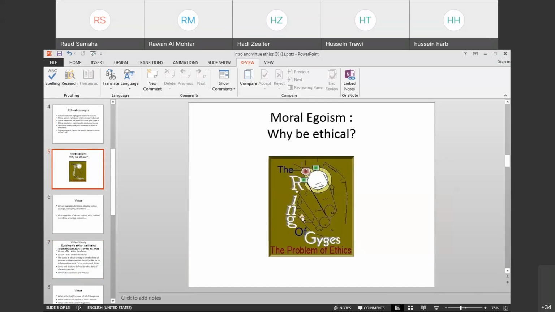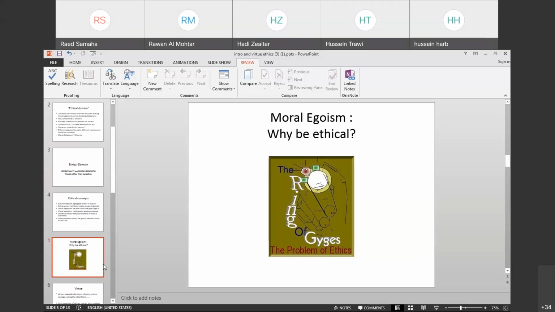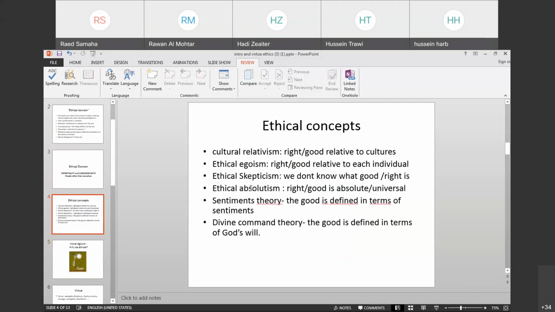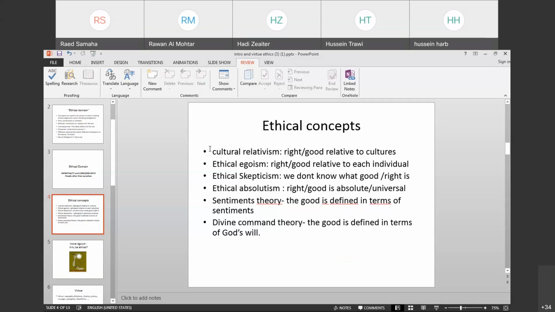Research the Ring of Gyges and try to link it with Lord of the Rings, if you watched it, and then try to identify which of those approaches would go best with it. Yeah, Hussein, that was good. You're quick at it. Definitely, you know the ring.